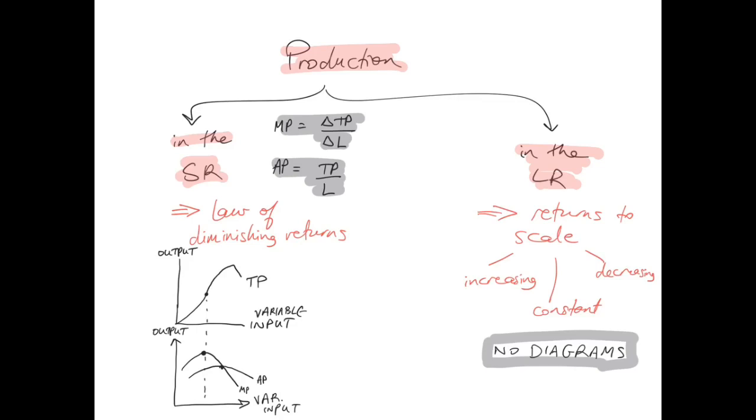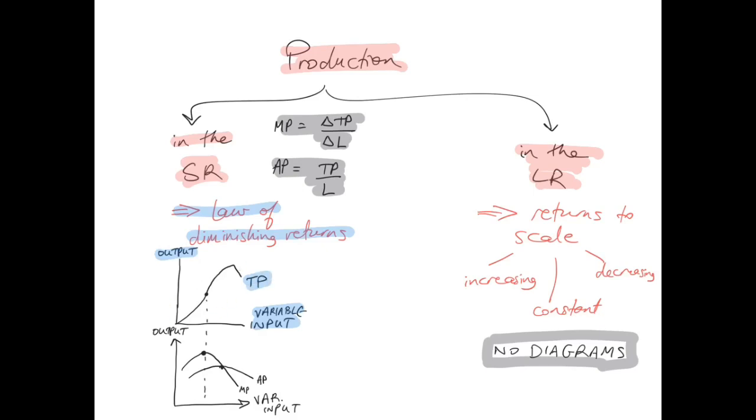All right, in the short run, we use the law of diminishing returns to analyze production. Basically, the short run is the period of time where at least one factor of production is fixed. If you have one fixed factor of production and a variable input, and you plot the variable input on the x-axis against output on the y-axis, this is the shape of the total product curve.